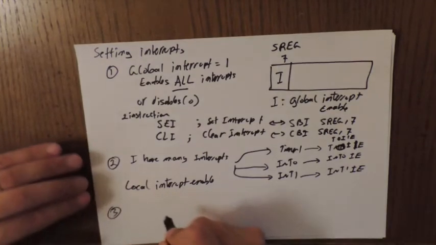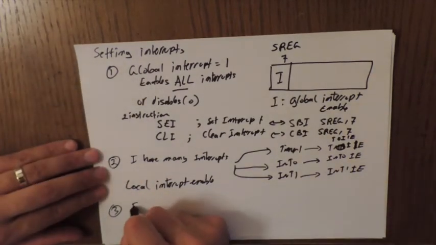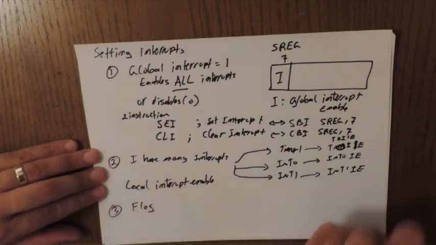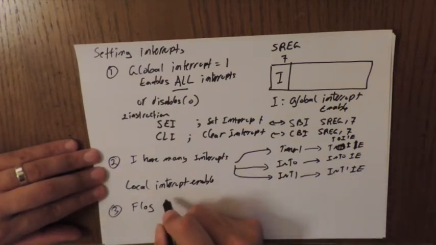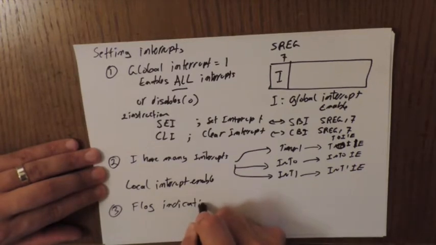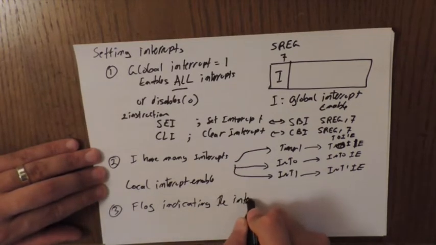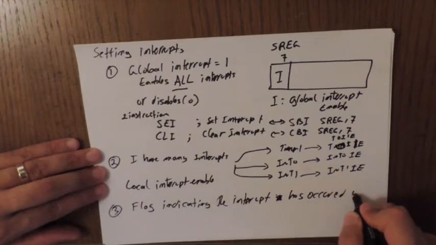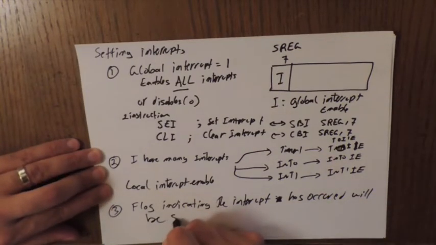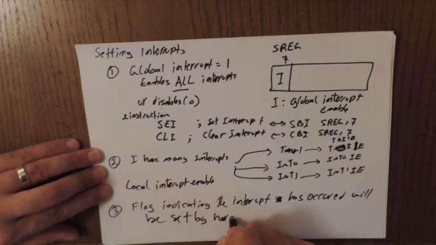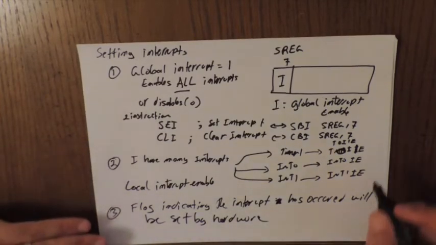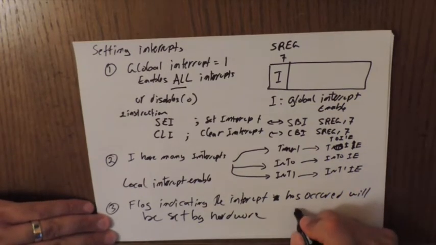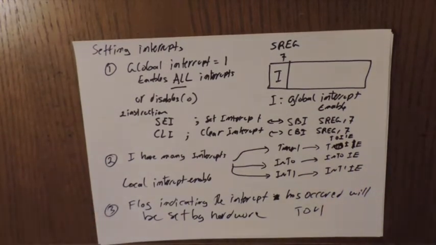The third thing is, when the interrupt occurs, there's a flag that tells me the interrupt has occurred. The flag indicating the interrupt has occurred will be set by hardware. In the case of timer 1, it's TOV1. TOV1 is set by hardware, and I need to clear it by software.